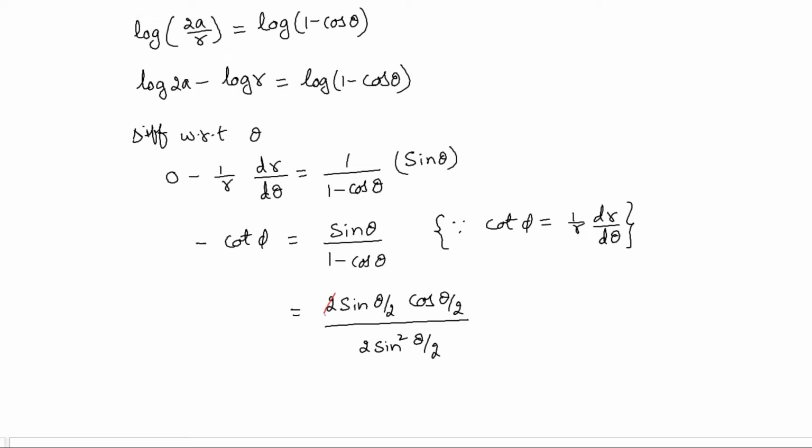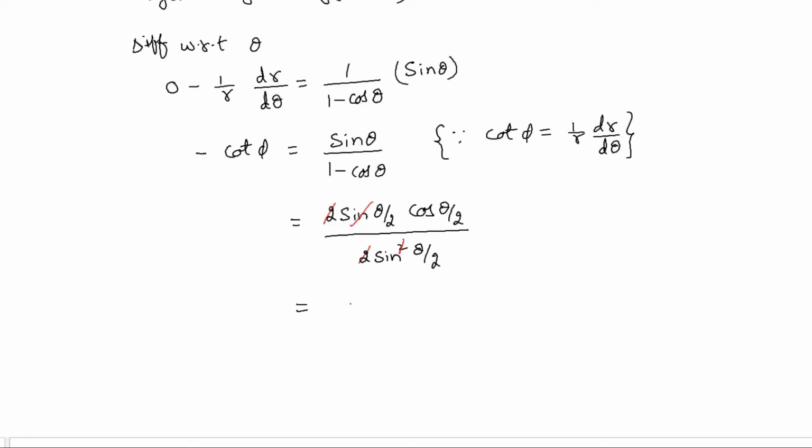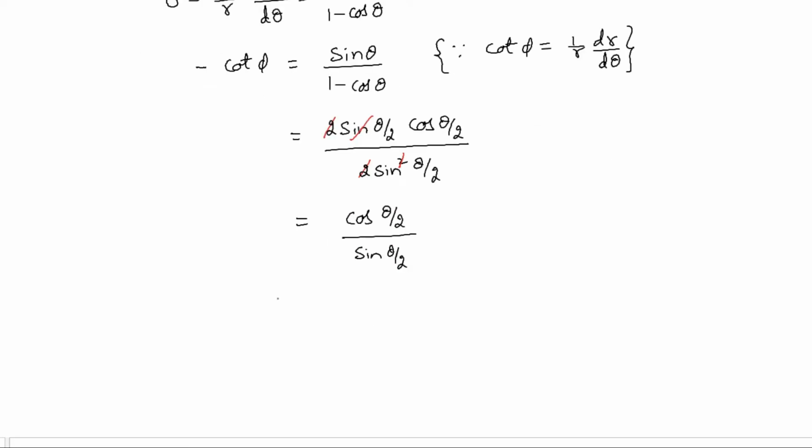The 2 will cancel out, 1 sine will cancel out. So we are left with cos theta by 2 whole divided by sine of theta by 2. So hence this value is nothing but cot of theta by 2. So cos by sine will be cot.